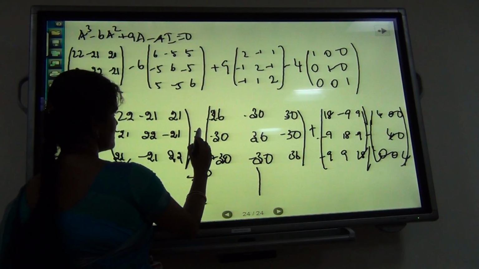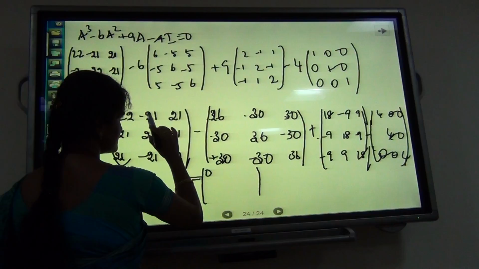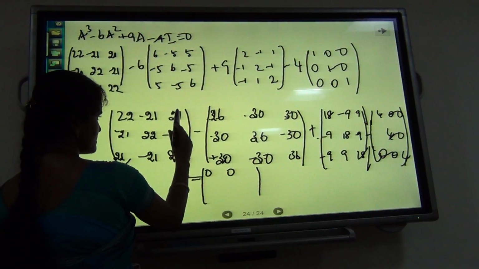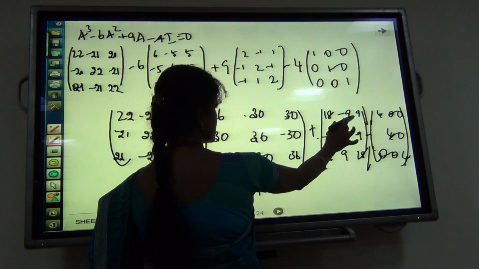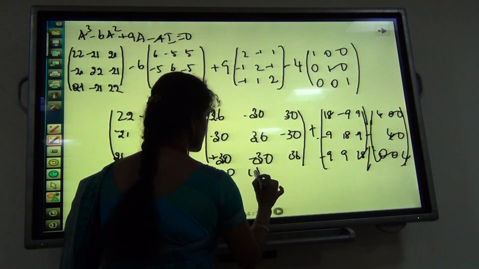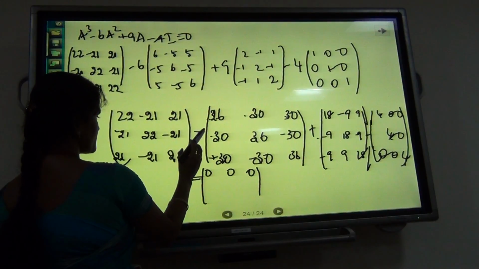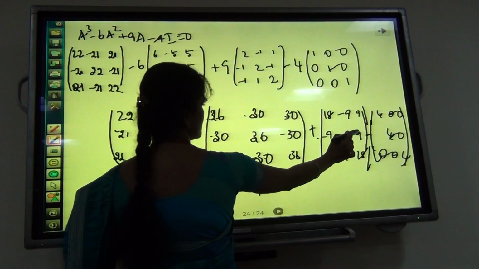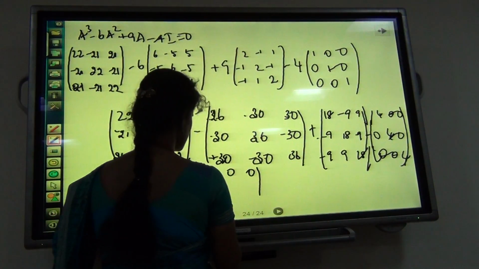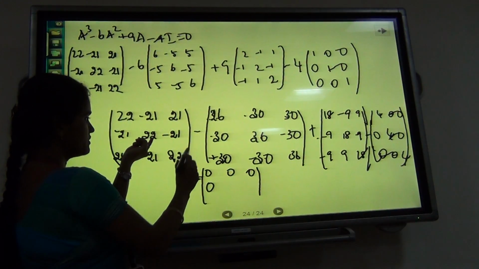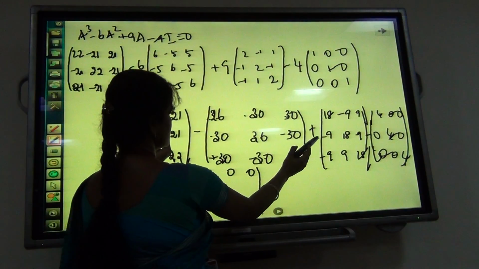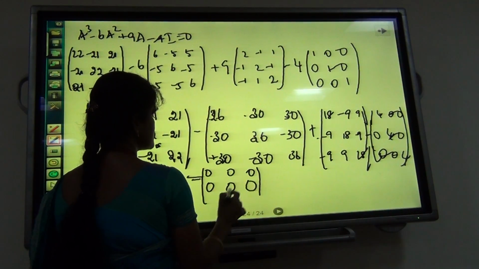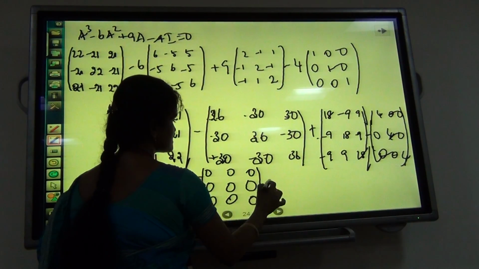Minus 21 plus 30 minus 9 plus 0 will give you 0. 22 minus 36 plus 18 minus 4 will give you 0. So like this, if you check all the entries, it will be 0.